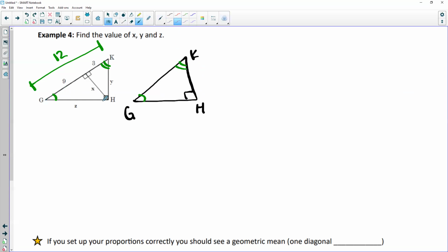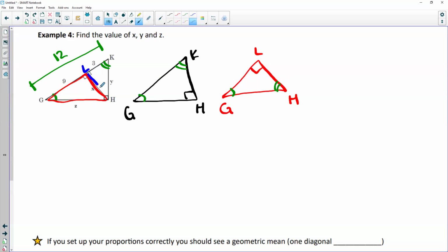Next, I'm going to look at this triangle here on the left. And what you'll notice here is that there's no letter here. So we're just going to put our own letter there. Let's call this L. So the triangle that I just drew here, to clarify, would be triangle GHL, where we have a single ring located for angle G. That means that the angle H would have to have a double ring.